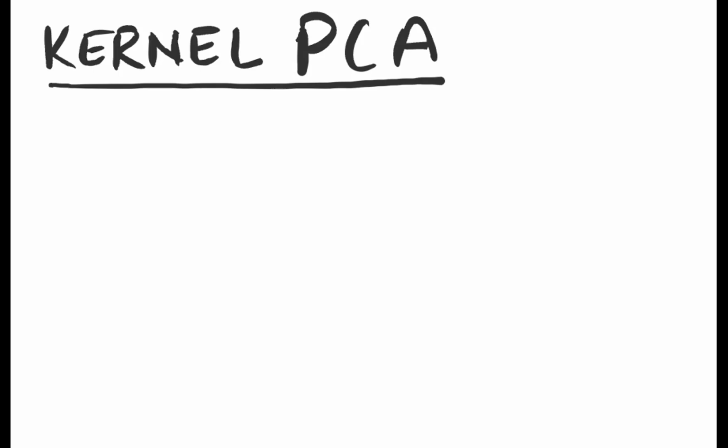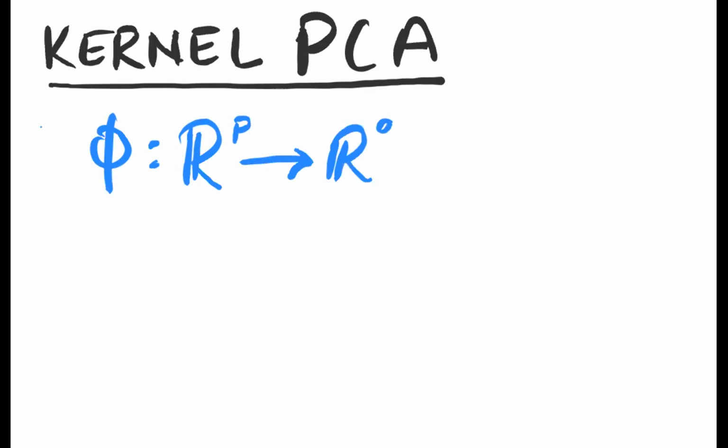So we have only one task today. Okay. So we say that there's a phi function, right? I want to be as close to the notation in the lecture as possible. And all of this will be uploaded on the Moodle, don't worry. We have phi from R^p to R^q, right?